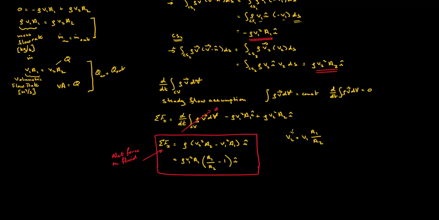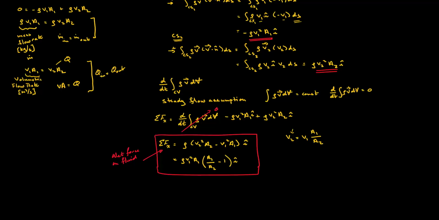Recall that we have different sources of forces that would cause this momentum change. We could have pressure forces, viscous forces, body forces, but in this particular case, we're just looking at the net force. So we haven't decomposed this force into its different components.